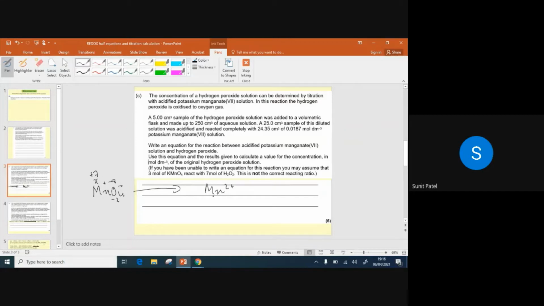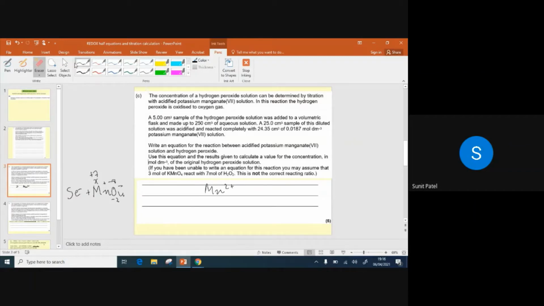Then it goes to +2. So what's happened to Mn before the arrow to after the arrow? Well, the positive charge has lessened, and the only way that could happen is by gaining electrons, in fact 5 electrons here. So it's gained 5 electrons to make Mn2+.